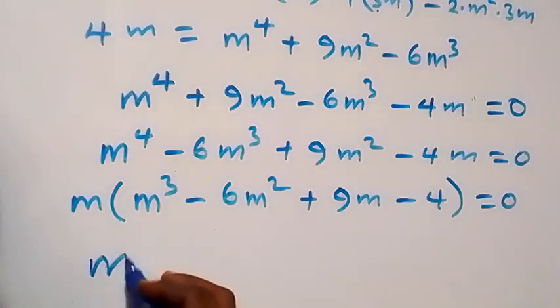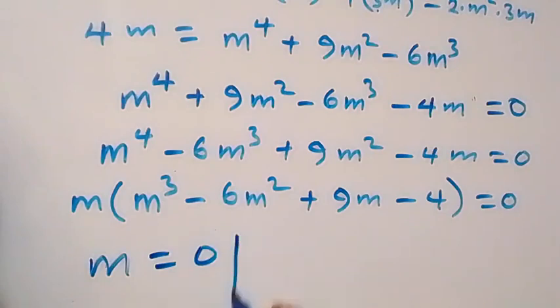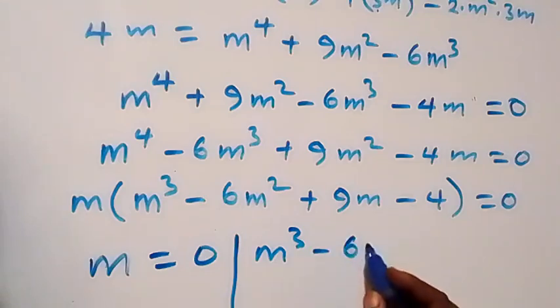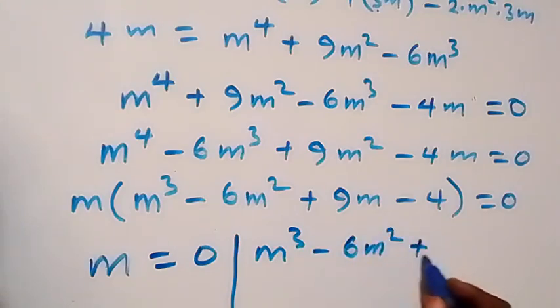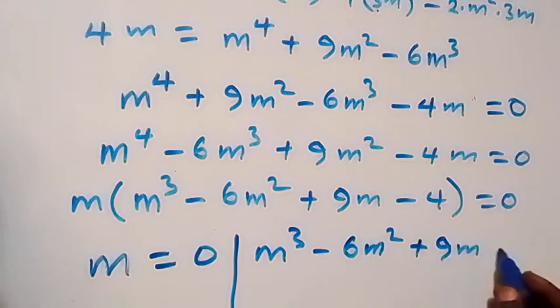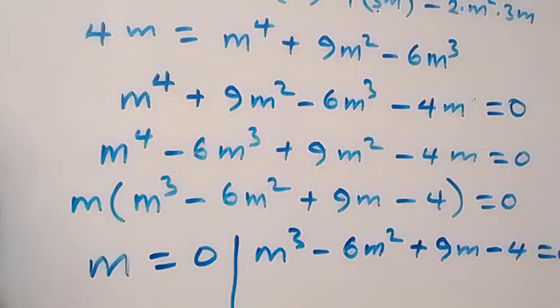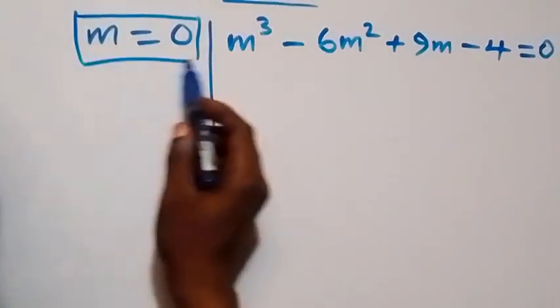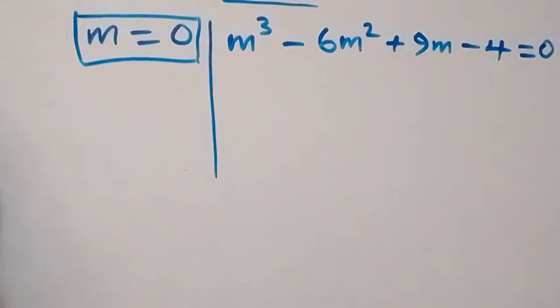We have either m equals to 0, or we have m cubed minus 6m squared plus 9m minus 4 equals to 0. Then when we solve from here, we already have m equals to 0 on this side. Then let's solve this cubic equation.